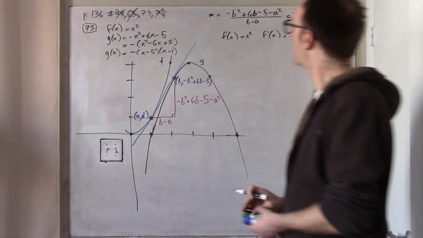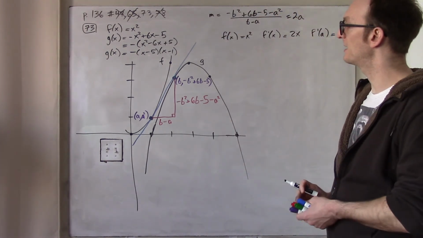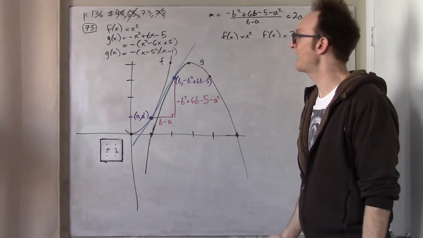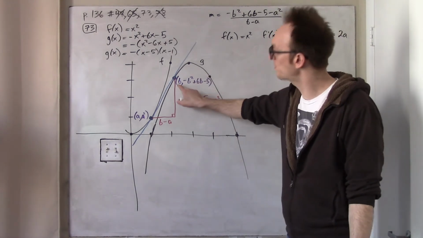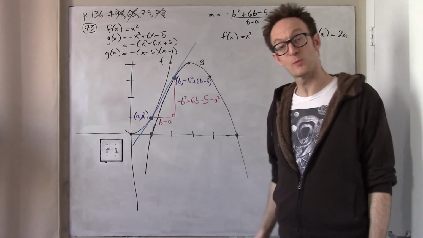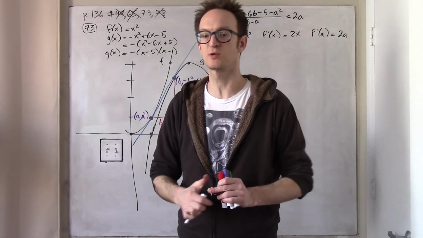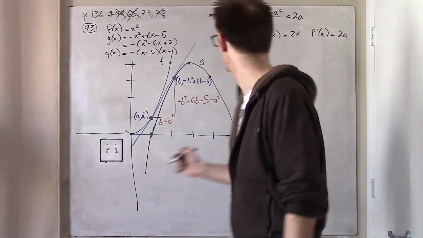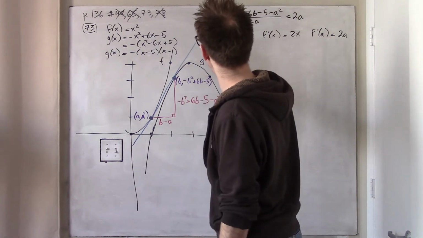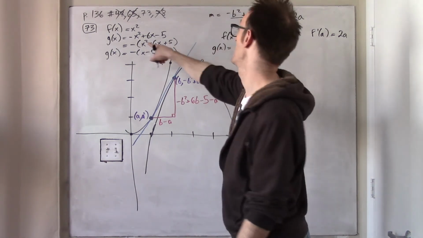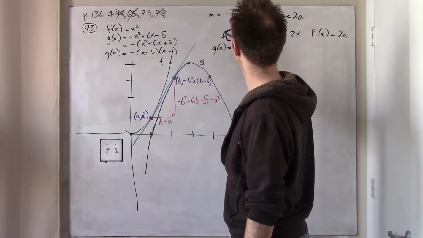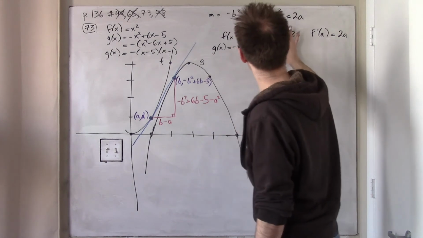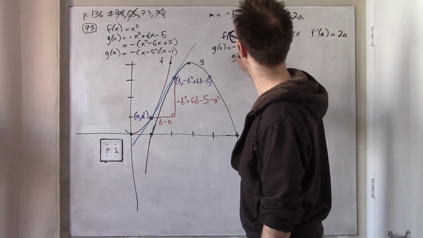And I also know that this is the tangent line to the graph of g. So the derivative of g at point B will have the same slope as these other two. This problem really forces you to have a good conception of the difference between a derivative function and the derivative at a point. My function is negative x squared plus 6x minus 5. It's easy to find the derivative of this function.